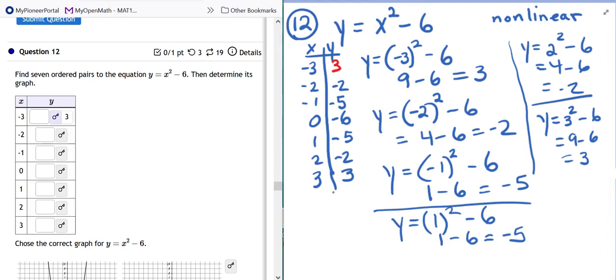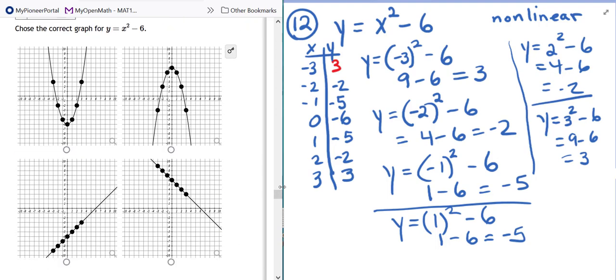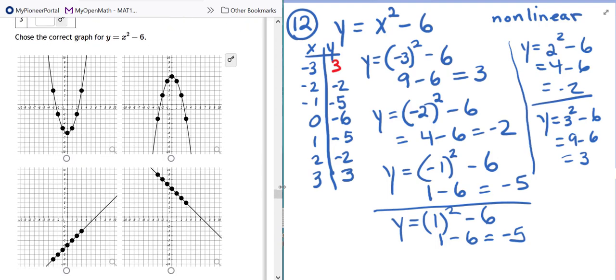All right, so I'm not going to check all those. They're right. They don't let you draw this one. If we had a grid over here, I could plot all those points. It is going to be a parabola. It is not these. These are lines. I guess just looking at these, you could pick and see which one has those points.